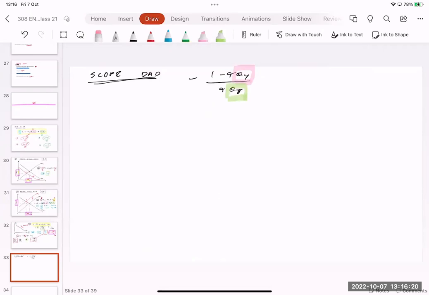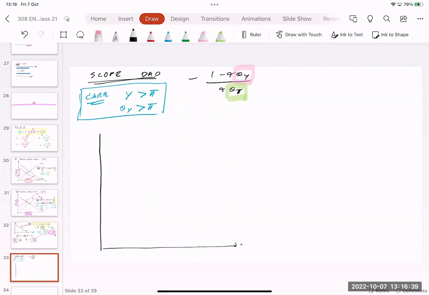So if the central bank cares about the economic problem more than the inflation problem, theta y is going to be greater than theta pi, right? The graph of the DAD is going to look like this. This is y, 0, and pi. As you can see, theta y is greater than theta pi.